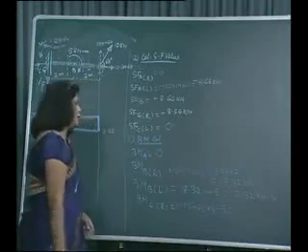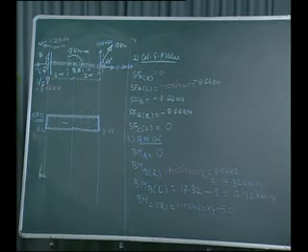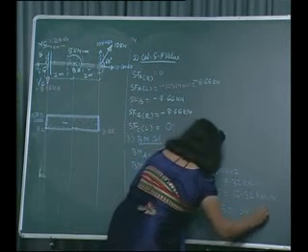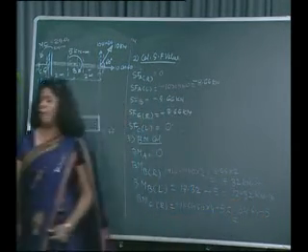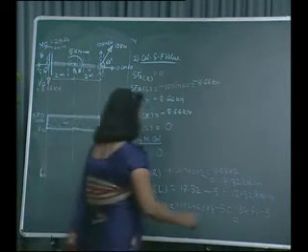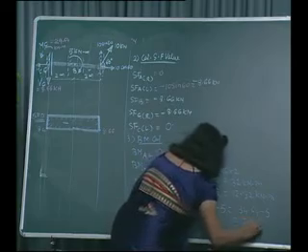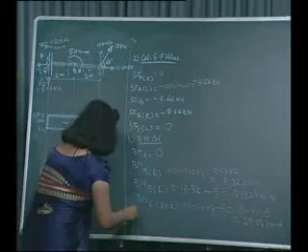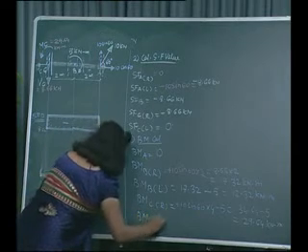So 17.32 into 2, that is 34.64, minus 5. So 34.64 minus 5, that is 29.64 kilonewton meters.